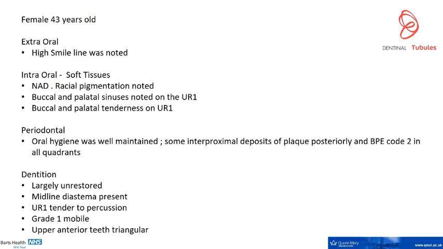Her oral hygiene was well maintained, with some interproximal deposits of plaque posteriorly, with a BPE code 2 in all quadrants. The dentition was largely unrestored, but she had a midline diastema present. The upper right one was tender to percussion, had grade 1 mobility, and the upper anterior teeth were triangular.